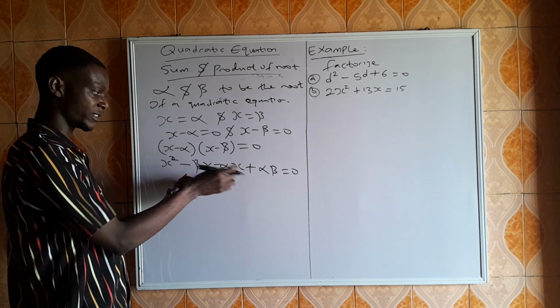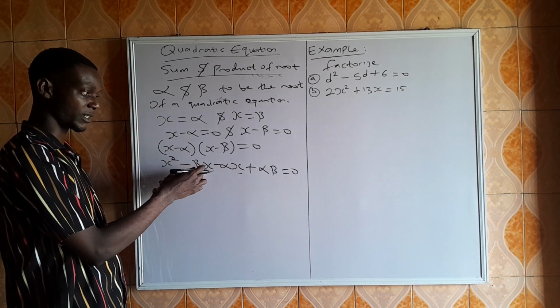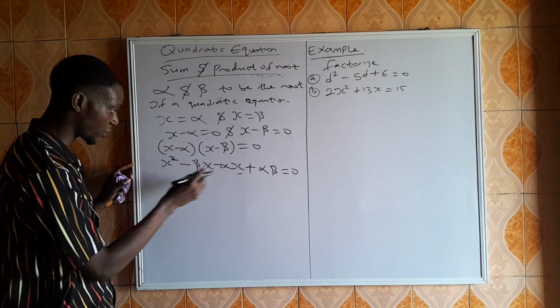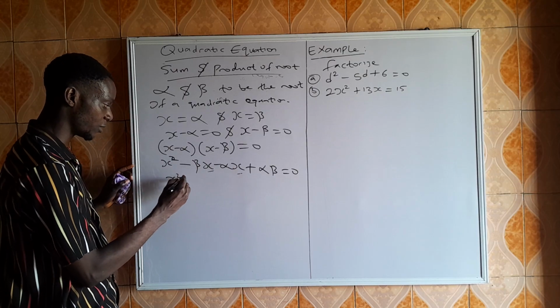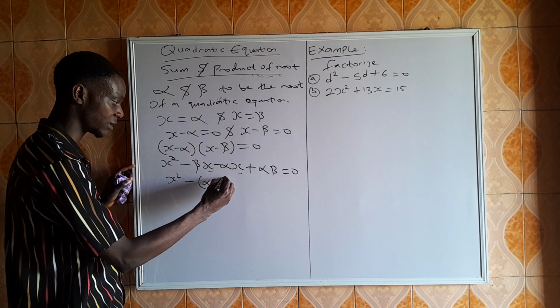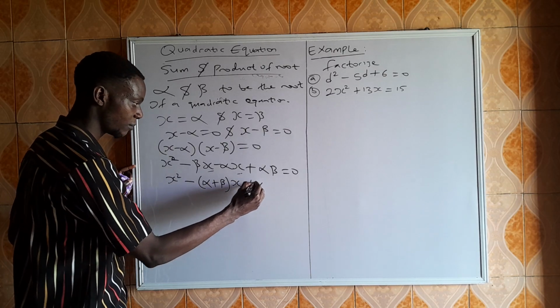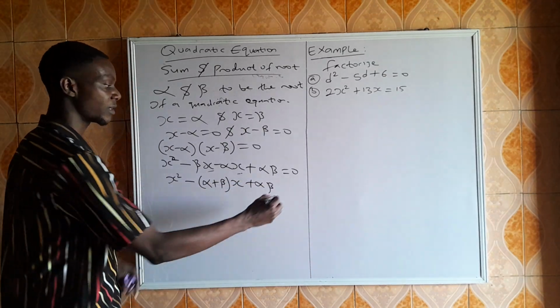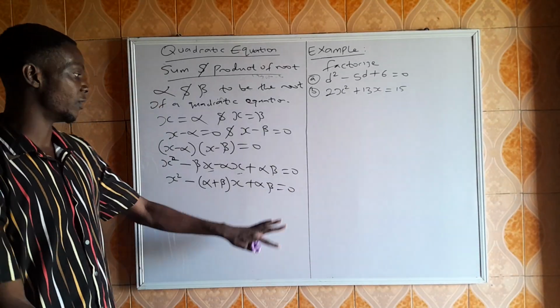The coefficient of s in both cases is minus beta and minus alpha, so we can combine these to give s squared minus (alpha plus beta)s plus alpha beta, which is equal to 0.